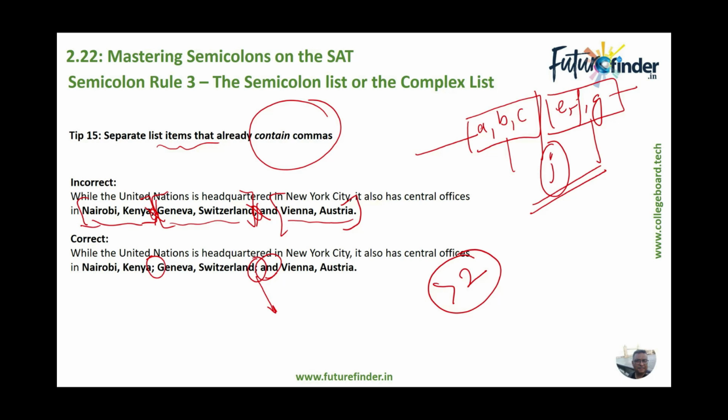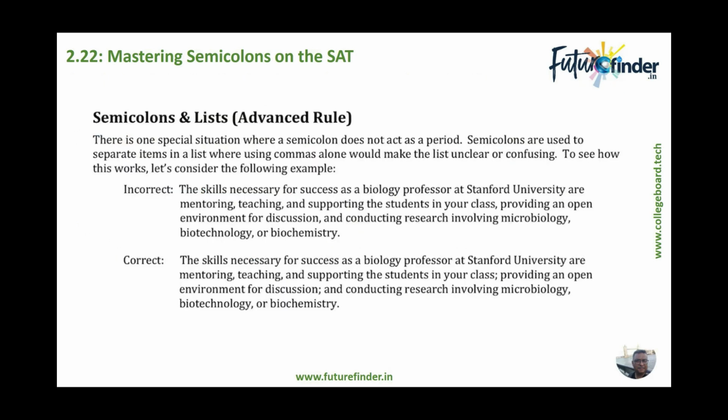So let's take some SAT examples and understand this. So one special situation where a semicolon does not act as a period is to separate items in a list using commas, where the commas alone would make it unclear or confusing, like the last one. So let's read this one, the incorrect one. The skills necessary for success as a biology professor at Stanford University are what? Mentoring, teaching, and supporting the students in your class.